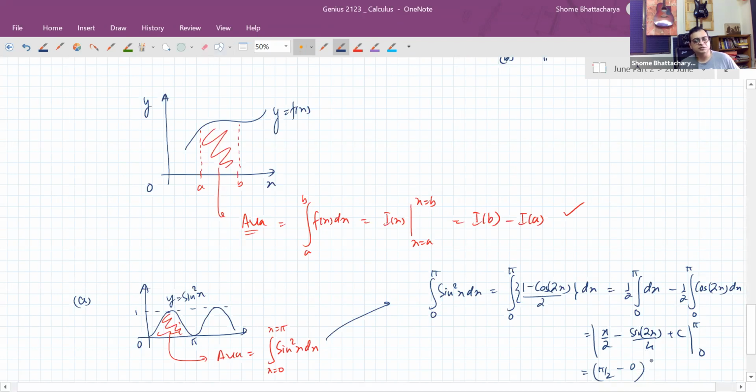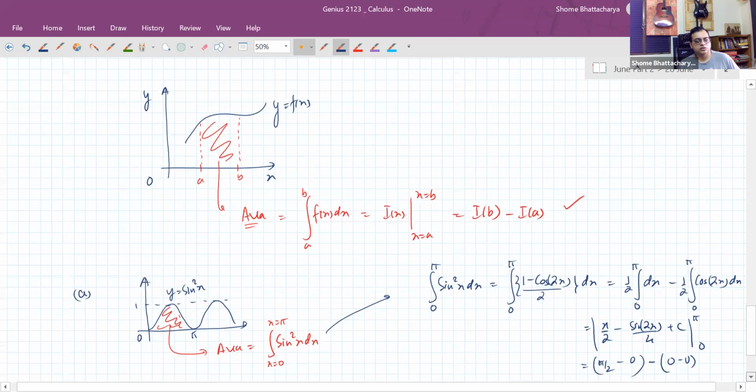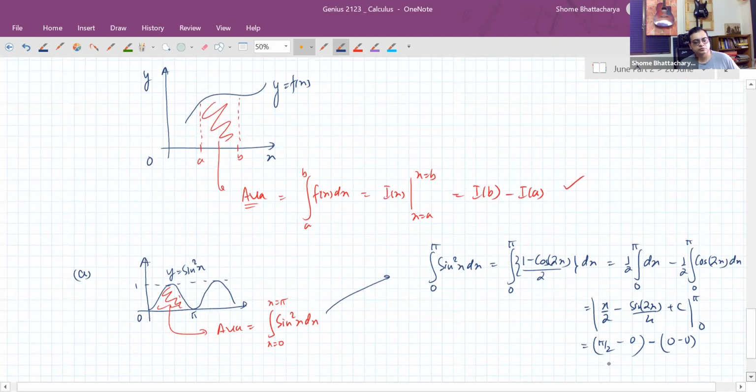The constant term can be left out because anyway it will cancel out. So you can see you'll get the area as pi by 2.